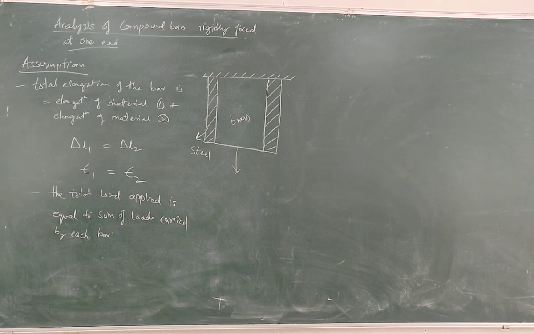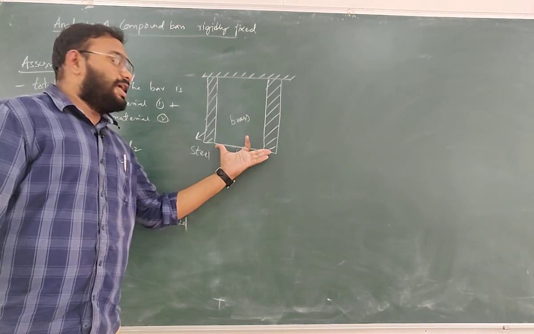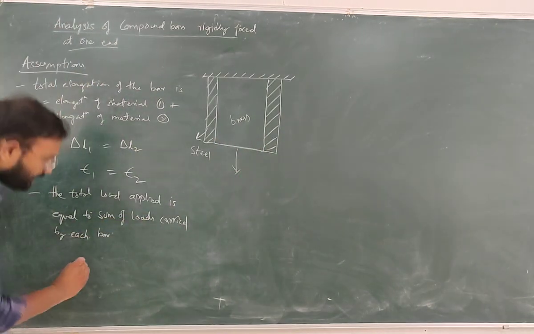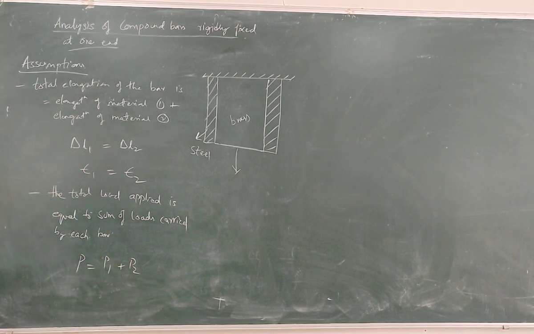If P is the load applied, and I calculate the load acting on the steel tube and the brass portion, the total load P will be equal to P1 plus P2. If I add these two loads, I will get the load applied on the total compound bar. So these are the two assumptions you need to remember. Now using these assumptions you can derive some formulas.